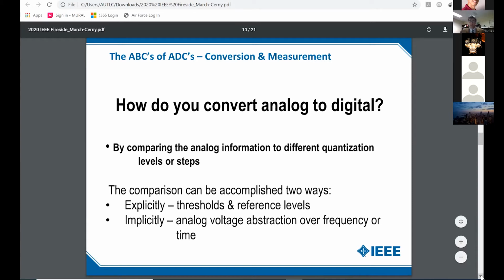In the world of analog to digital converters, there are 2 ways that you can make this comparison. You can do it explicitly, which means that you have thresholds and references that we'll explain in the next chart, or implicitly, where you look at the analog voltage signal that, as you remember, was continuous, and you abstract out frequency or time information. I will focus on the explicit example in the next view graph.